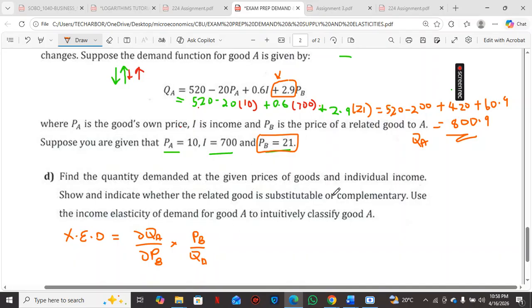So what we need to do is derive this demand function with respect to PB. In simple terms, if a number doesn't have a PB with it, it disappears, because you are deriving with respect to PB.